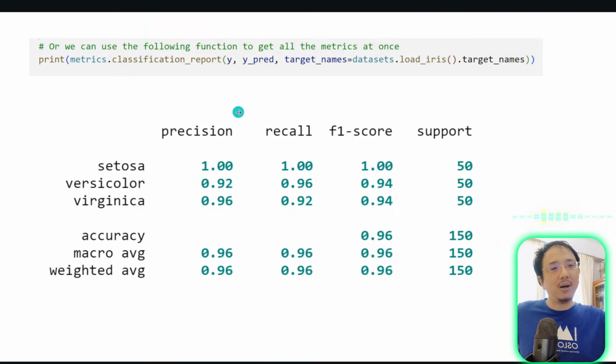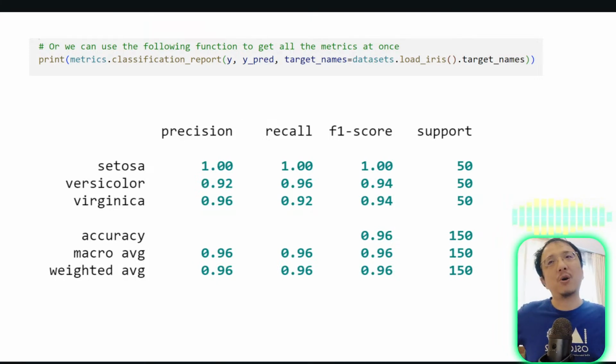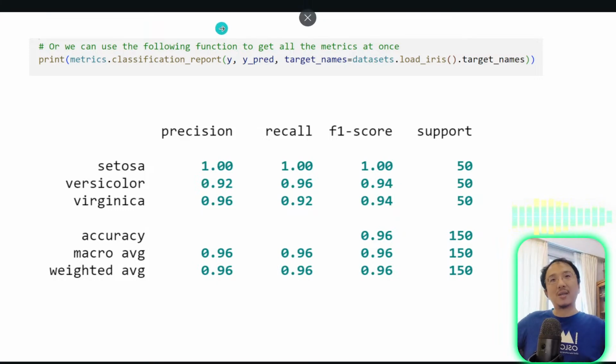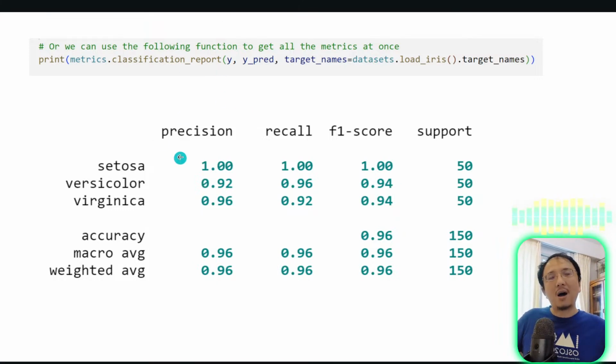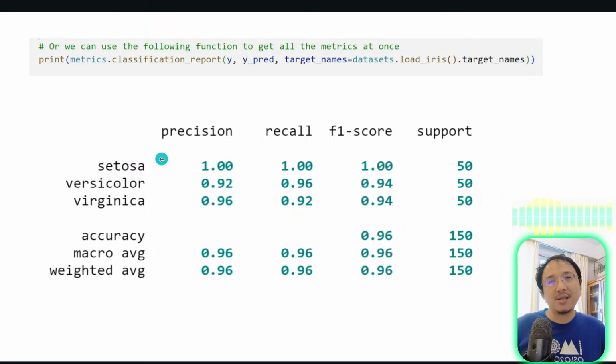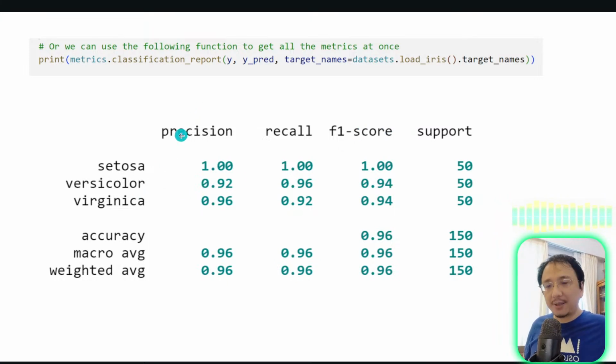There are also more functions available in the metrics submodule, but we cannot actually introduce all of them. I'm just using this one as an example. There are a little bit more in our notebooks. Okay, so one way to interpret the data is using the precision, the recall, and maybe the F1 score. So how do we do that?